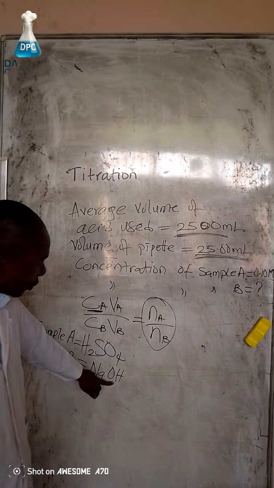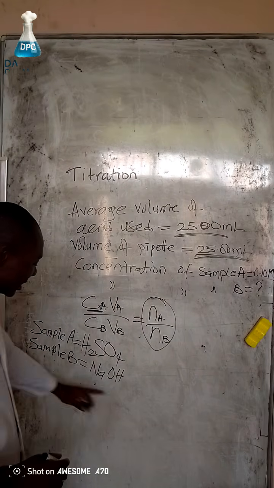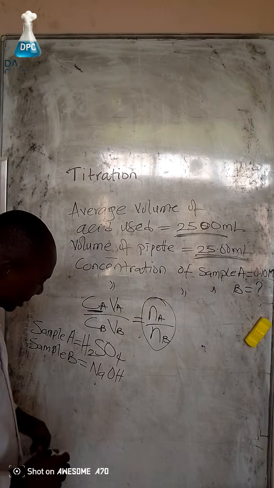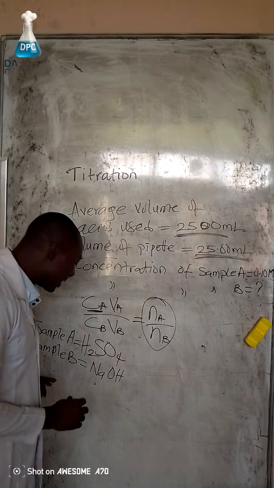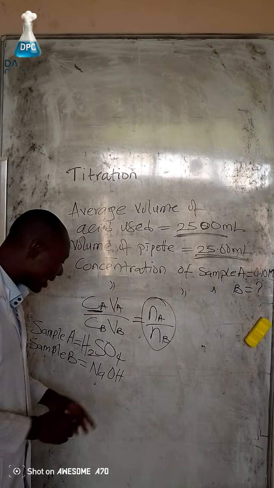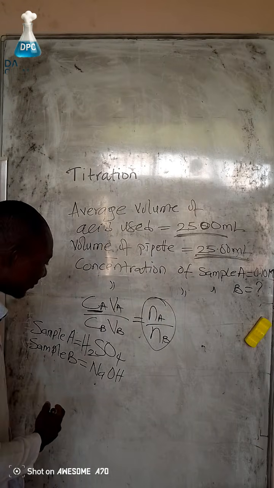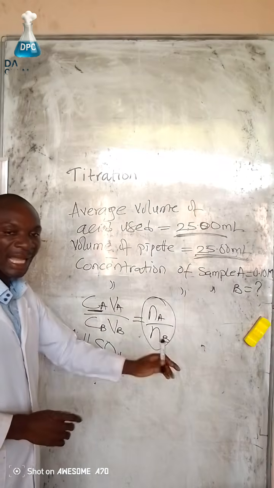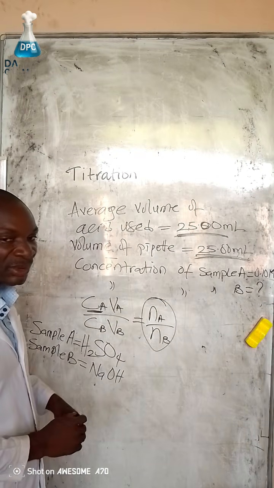If these are the two samples, then you are required to write a chemical equation, with the reactants at the left hand side and the products at the right hand side.